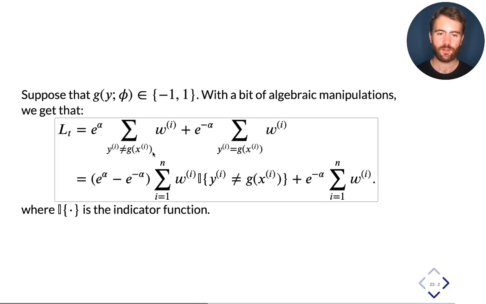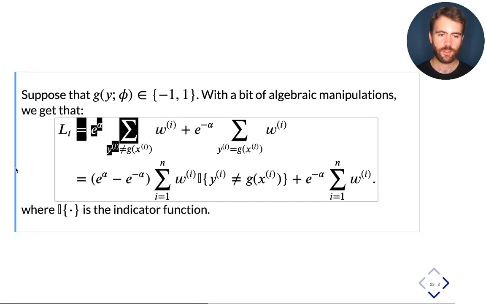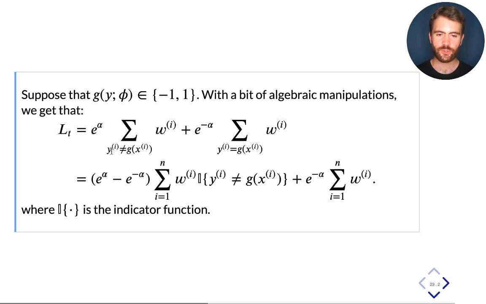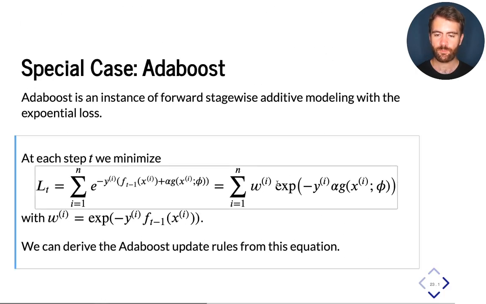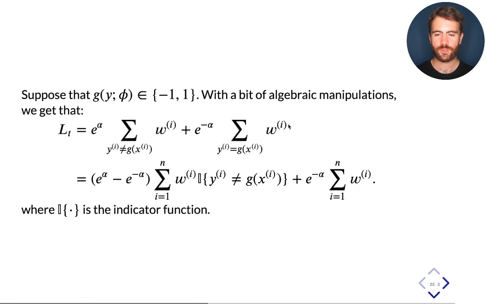If our prediction is not correct, then the weight is going to be e to the alpha. If it is correct, it's going to be e to the minus alpha. That is what this loss term becomes, and then we still have the weights from before. Now I can just rewrite this in the following equivalent form. Again, this is just simple algebra.